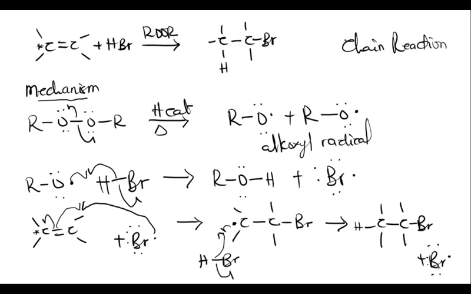So in the presence of excess alkene, this bromine radical will attack another alkene molecule to produce the product, yielding another bromine radical, and it goes on and on until we get more product, or until we no longer have any alkene for the reaction to further continue.